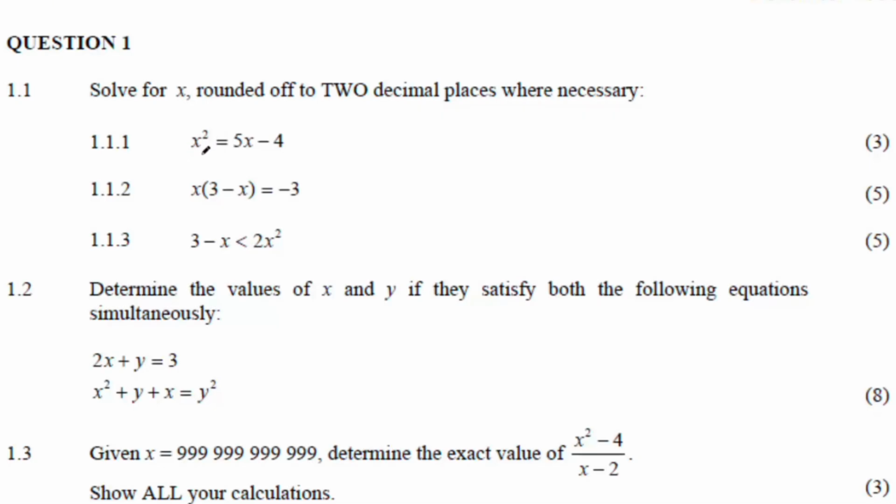The reason being is that the x squared already has a positive, so it's good to work with the simplest thing, which is positives in most cases. Which means that everything has to go to the left. All right, so let's start with taking everything to the left.